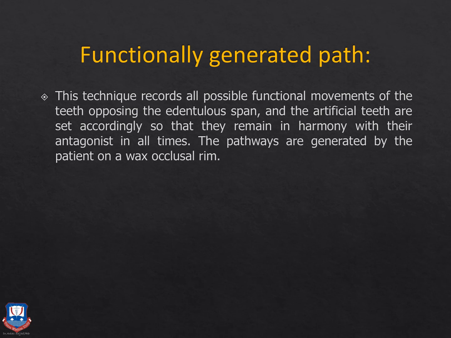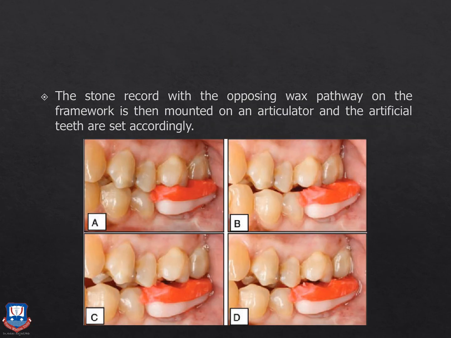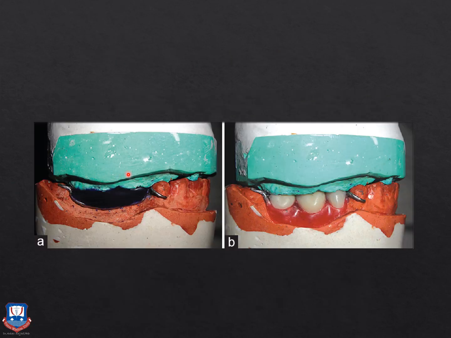So I'll tell you what the functionally generated path is. This is the functionally generated path, which is mounted against the mandibular distal edentulous cast. According to this functionally generated path, the lower denture teeth are then set, or the try-in is done according to the opposing functionally generated path.